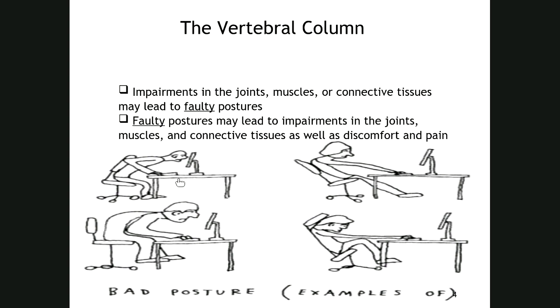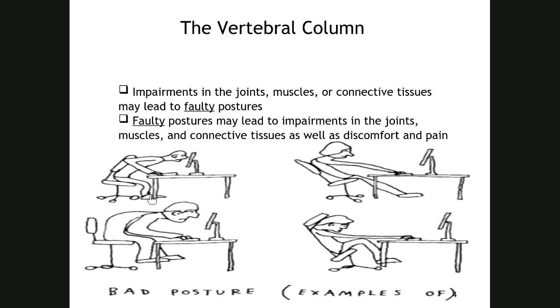So to summarize this slide, a condition or a pathology or an impairment within the spine can lead the patient to have bad posture, but bad postures held for a certain amount of time will also lead to impairments in the muscles and the connective tissue. For the patient I talked about, all that stooping to look at the computer will tighten the muscles in the front, and lengthen and weaken the muscles in the back.